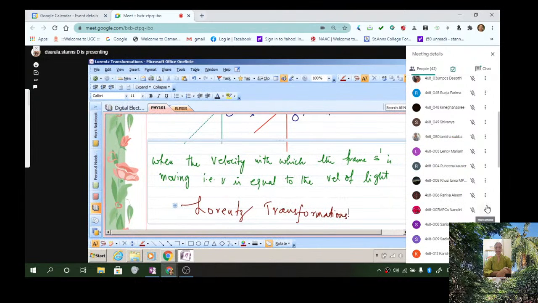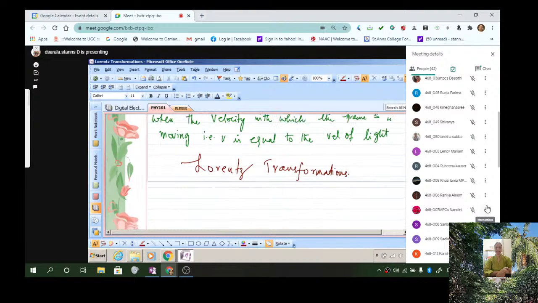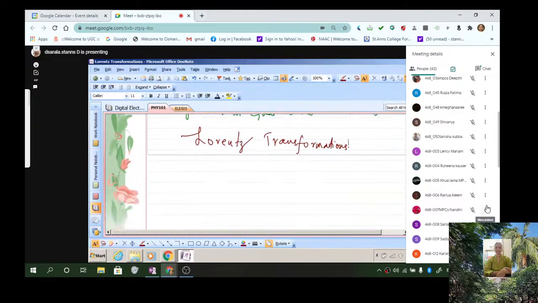Okay, so now let us see what they are. Let's talk about these transformations. As shown in this figure, frame S is stationary and S prime is moving with the velocity v, which is equal to the velocity of light. This is what we assumed. So when we assume like this, let an event be defined by x, y, z coordinates.